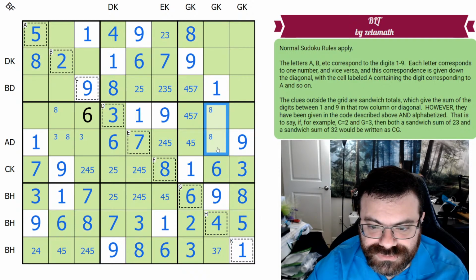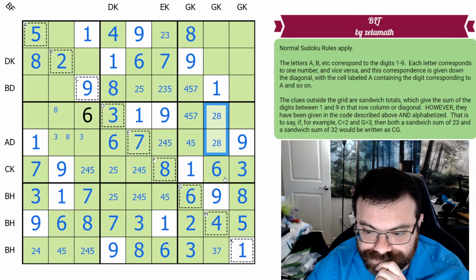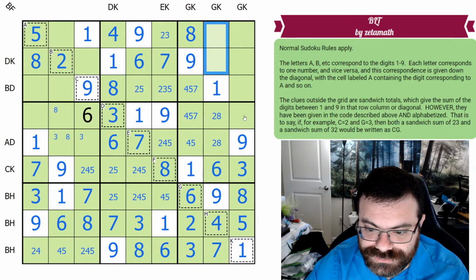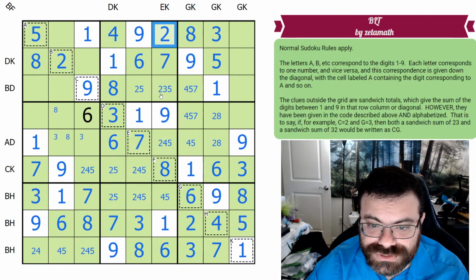Still, in fact, an 8 is forced into this, so we know what this is. 14. These add to 16, so I need a 2 with an 8. This is 7. So I need a 3 and a 5, it looks like. We know the order. Puts a 2 here.